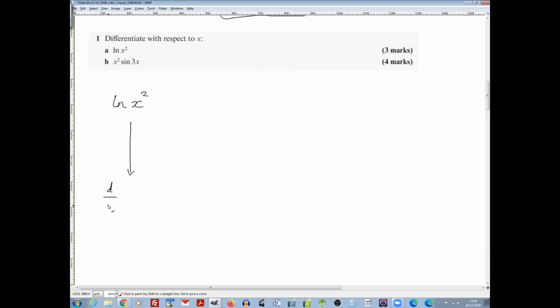Have you come across this way of writing the derivative of? D by dx. I think I have, yeah. Because after all, you're familiar with dy dx, aren't you? Well, you could think of that as d over dx of. So d dx is just a symbol saying derivative of, and it doesn't have a closing bracket.